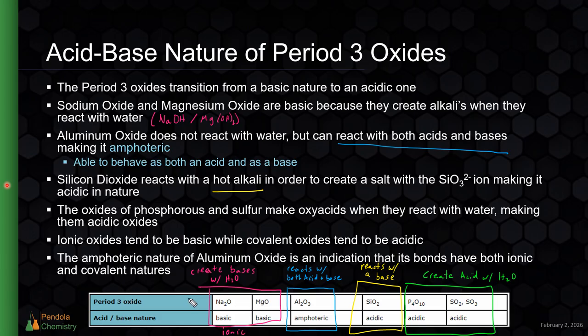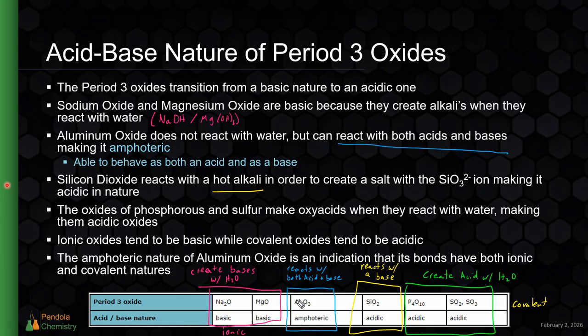Whereas the acidic ones here are covalent in nature. And then the only one that doesn't fit that pattern, right? Because these are all covalent. SiO2, P4O10, SO2, SO3. These are all covalent. Granted, this is giant covalent, and these are simple molecular, but all covalently bonded. The sodium oxide and magnesium oxide are ionic.